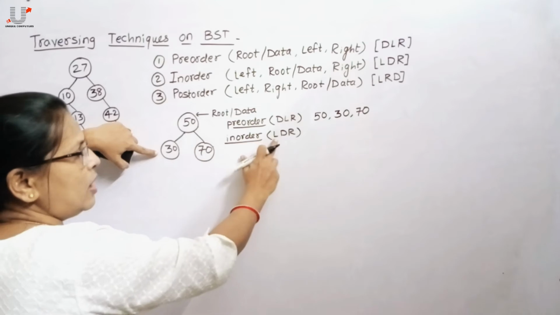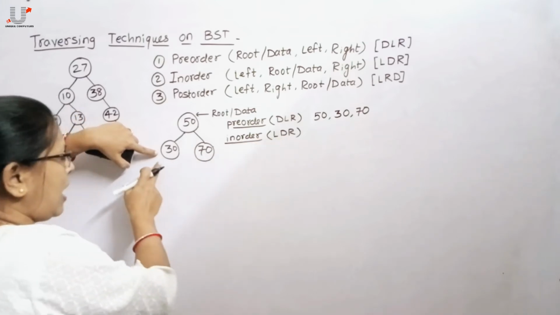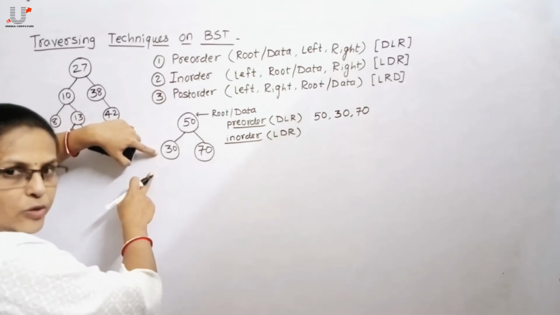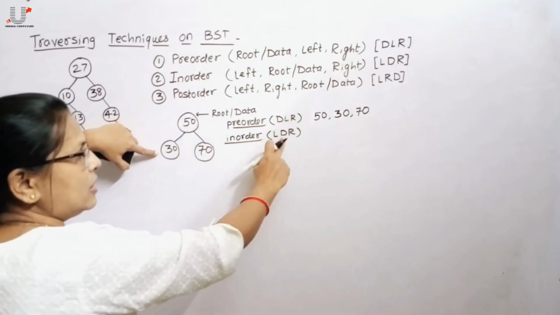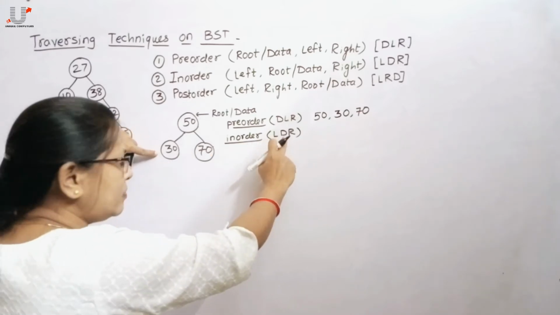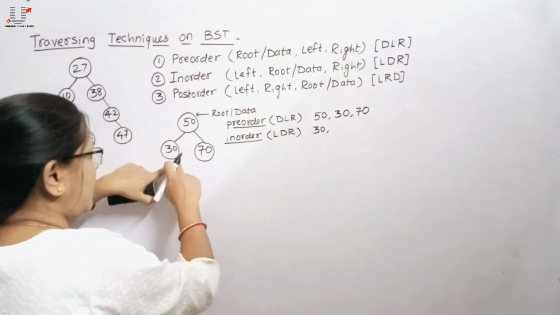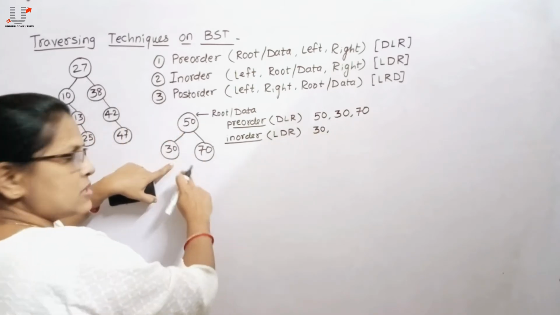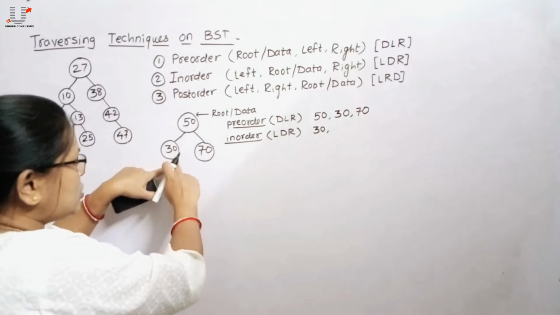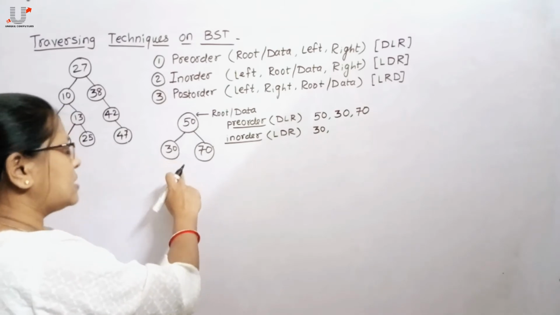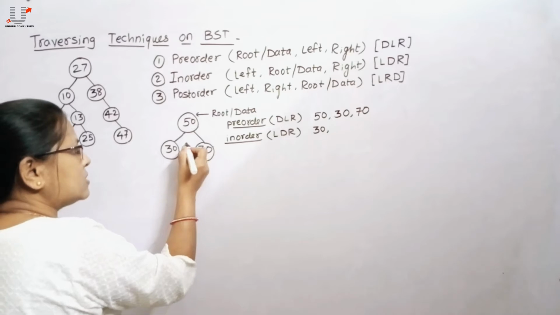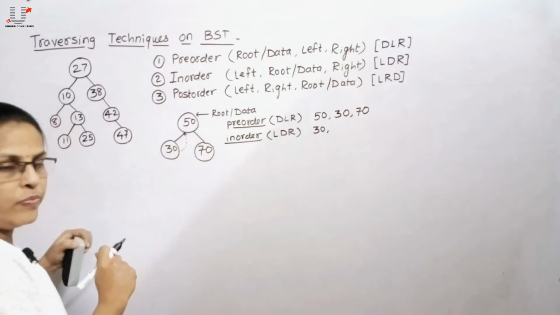Again on 30 apply LDR. As no left subtree is present for 30, data gets processed. Data means 30 itself gets displayed. Then again apply R. R means right child. As no right child is present for this 30, it backtracks to 50.